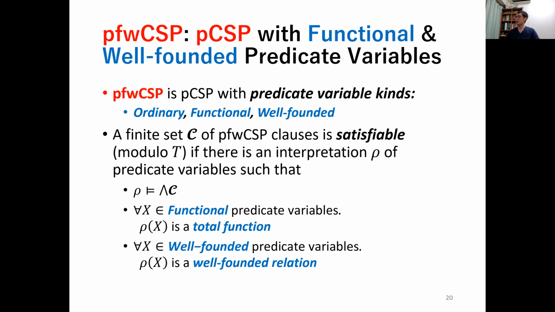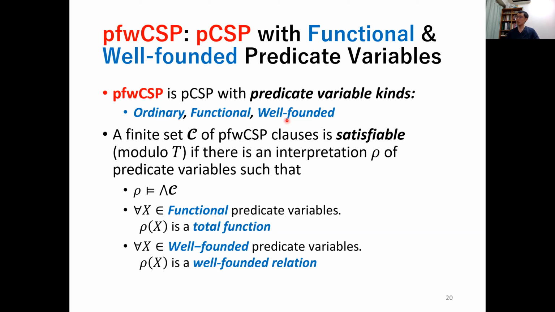Okay, so now having explained pCSP, I will now describe pfwCSP. pfwCSP is pCSP with functional and well-founded predicate variables. It is, at least syntactically, simply pCSP, but with predicate variable kinds. Each of the predicate variables in the clauses is classified into one of three kinds: ordinary, functional, or well-founded.